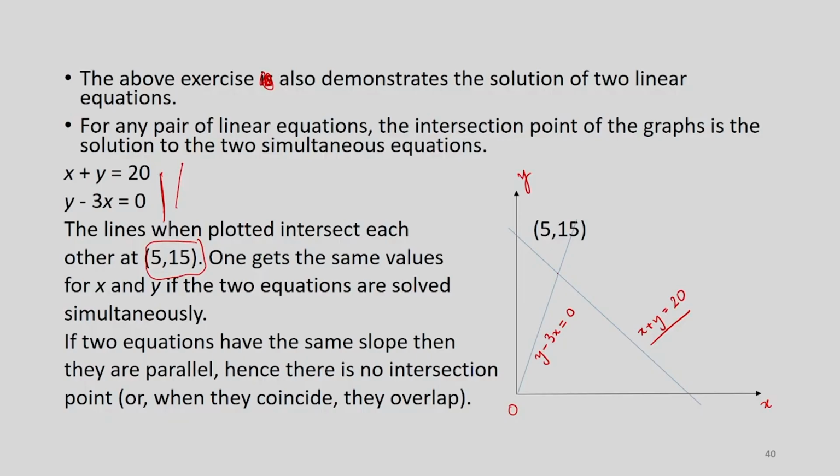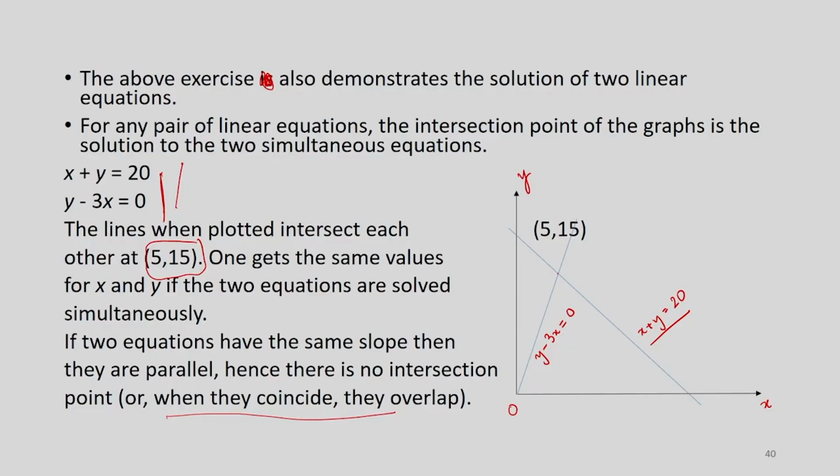But if the slopes are the same, then these two equations will be parallel, and two parallel lines do not have any intersection point. That is one possibility. The other possibility is that they are not merely parallel, but they coincide, which means they are overlapping with each other. In that case, there will be an infinite number of solutions. So, these are the two extreme cases.